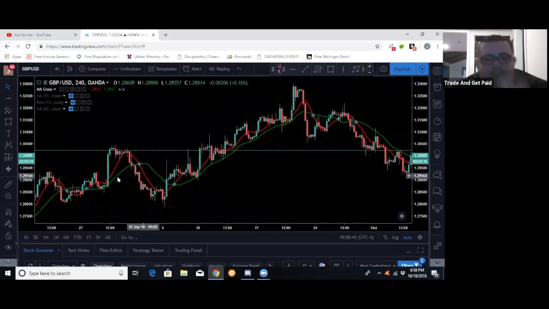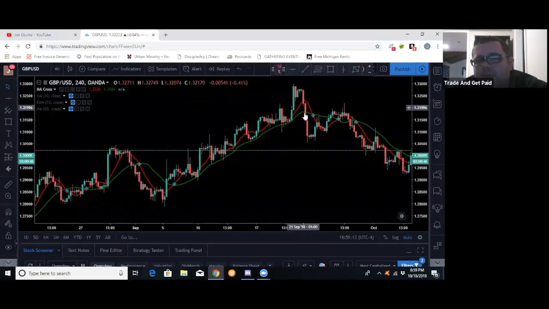So when you have a 21 moving average and it crosses, and now suddenly price action is on top of the 21 moving average, price action is up, right?